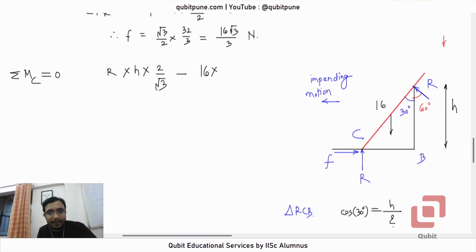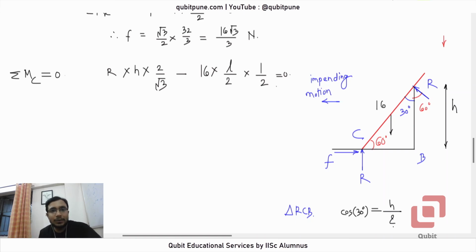So it will be L by 2, but not just L by 2, L by 2's projection on BC. Now this angle will be 60, and it goes without saying that this angle will also be 60. So it will be cos 60. So L by 2 into 1 by 2 equal to 0.